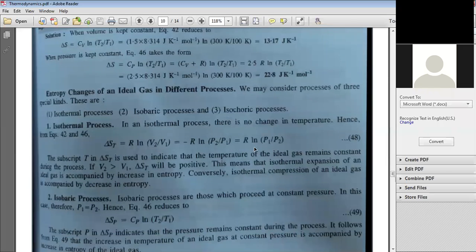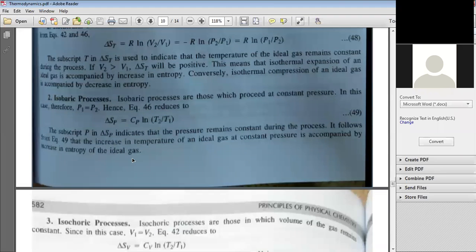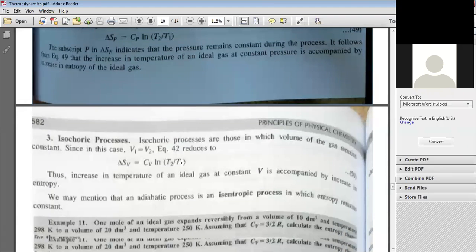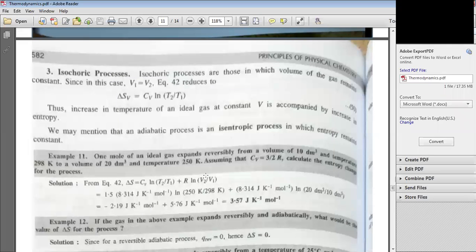All these relationships will be quite helpful in finding the expressions for these special cases. One is isothermal processes, another is isobaric processes. For isochoric processes, no change in volume takes place, so the relationship is delta S equal to Cv ln T2 by T1.